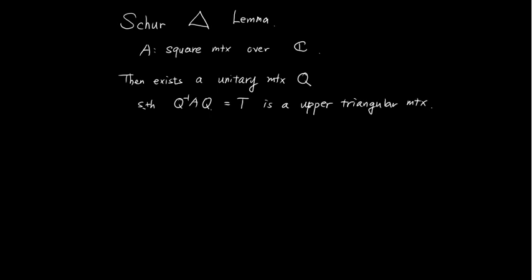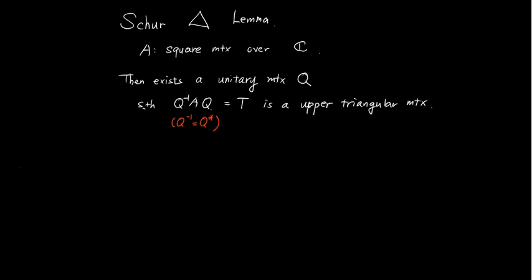And moreover, just want to let you know, because it is unitary, Q inverse is actually equal to Q Hermitian, the conjugate transpose. And notice that the benefit of doing this is that once you do this, T is an upper triangular matrix, and this will tell you all the eigenvalues.